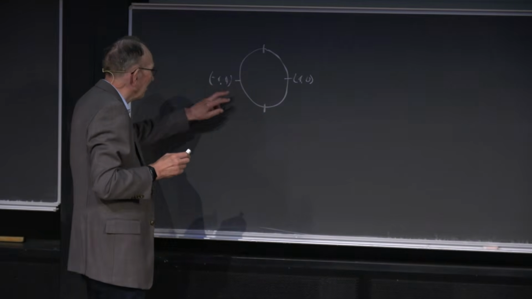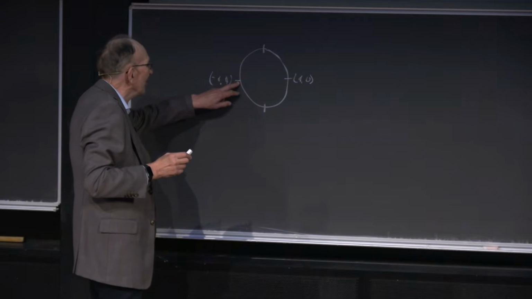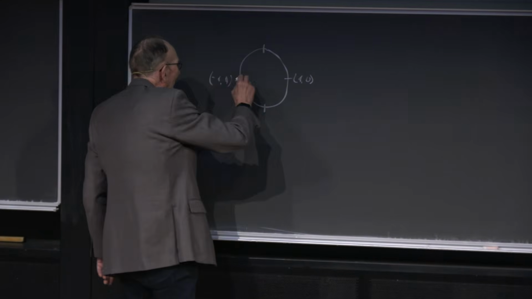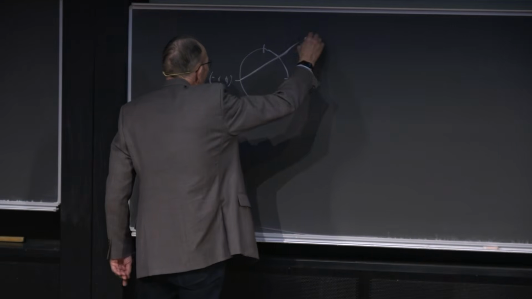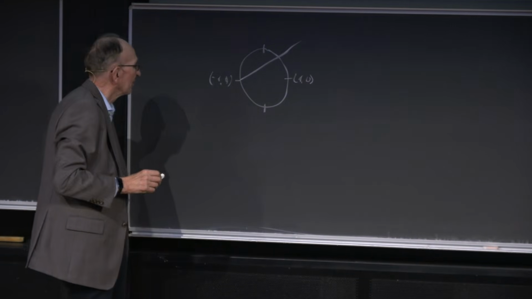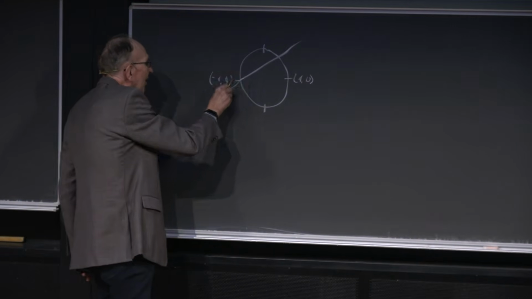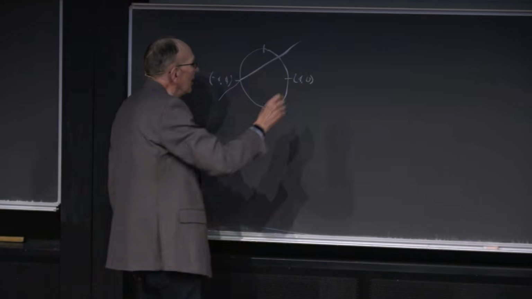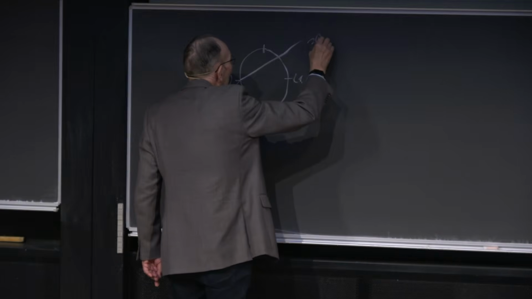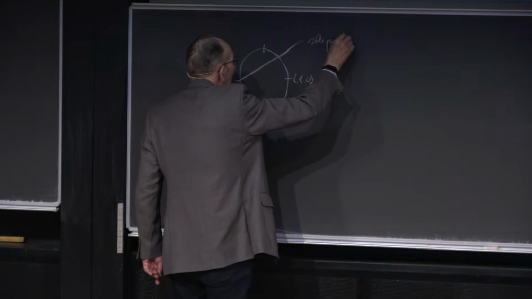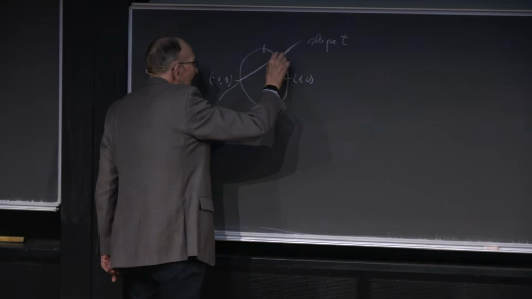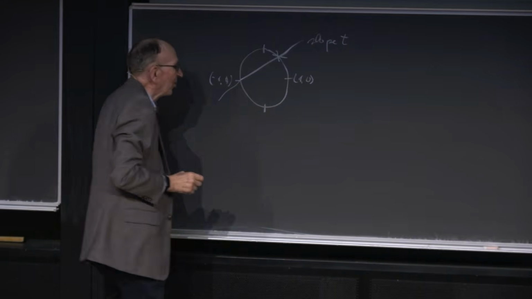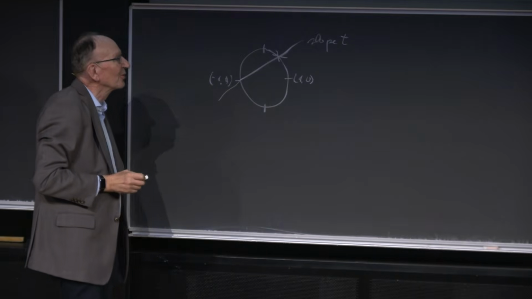So you take one point, let's say this one, which is rational, and then you look at all the lines through it, and they are given by some slope t, which is a rational number, and then the second point is also a rational solution.